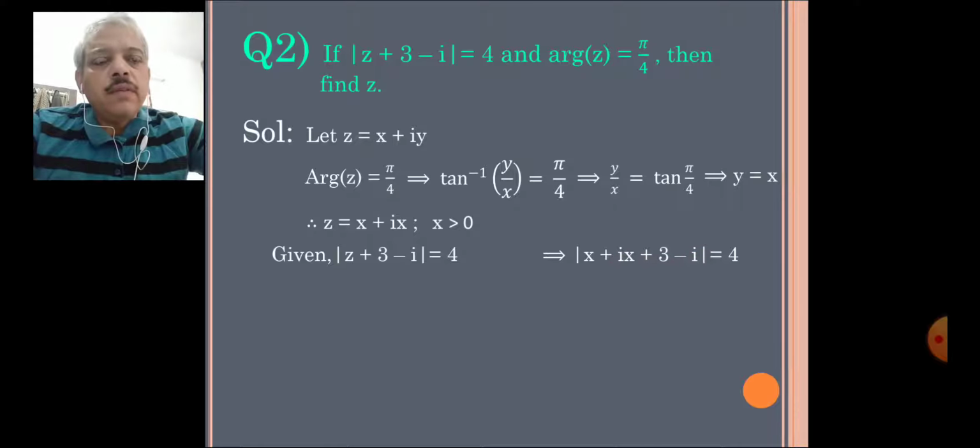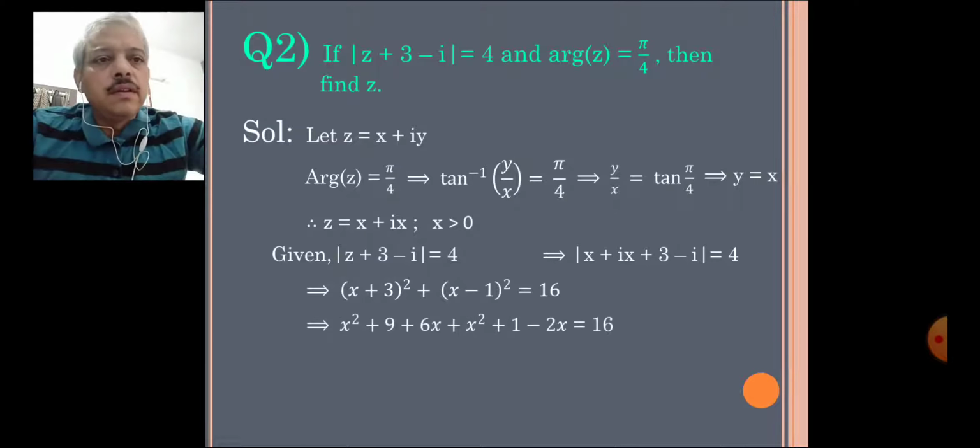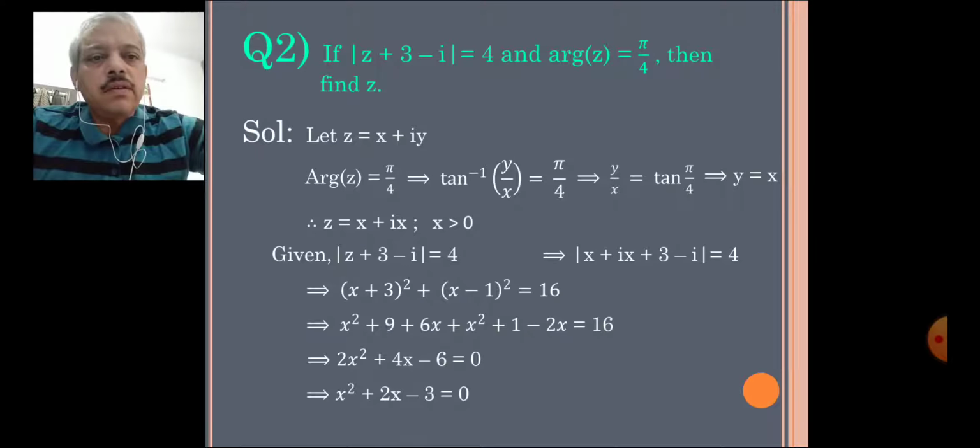So the modulus will be under root of (x plus 3) whole squared plus (x minus 1) whole squared is equal to 4. Squaring, we get (x plus 3) whole squared plus (x minus 1) whole squared is equal to 16. Simplifying further, we get 2x squared plus 4x minus 6 is equal to 0. Dividing by 2, we get x squared plus 2x minus 3 equal to 0.